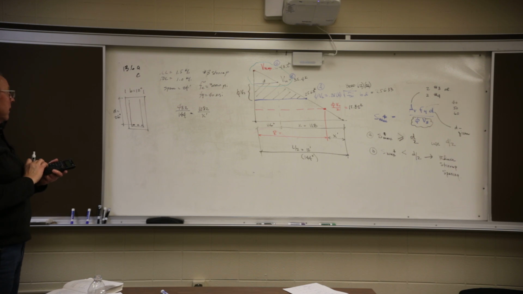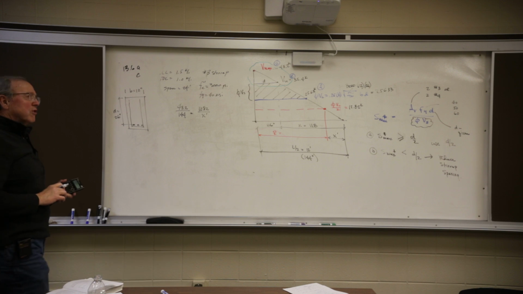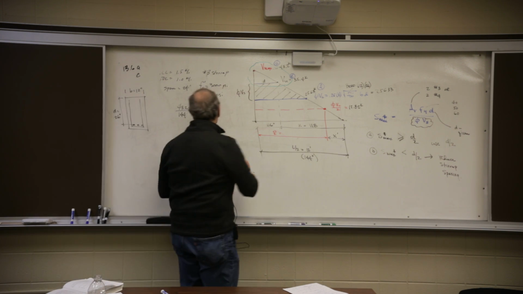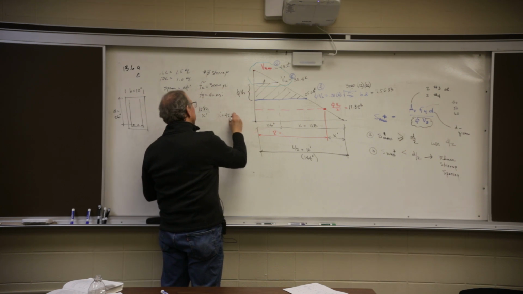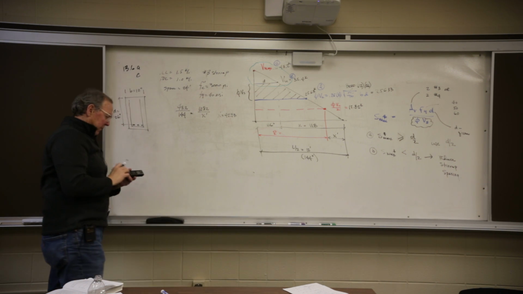So let me clear this, and I will take 12.82 times 144 times 43.2 divided, and I got 42.73 inches for X prime. Let me check that and make sure I'm okay.